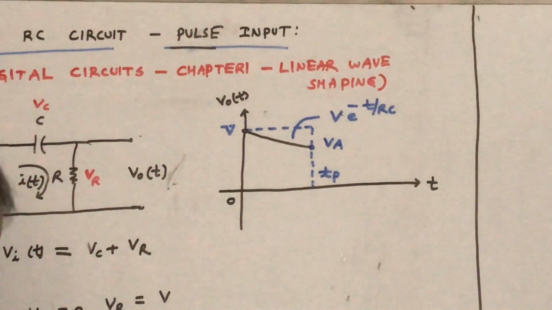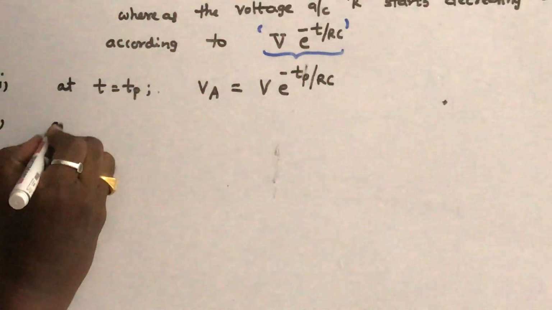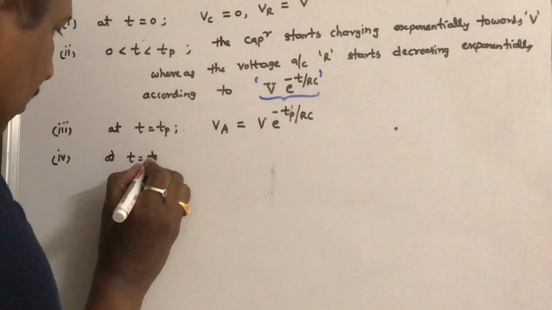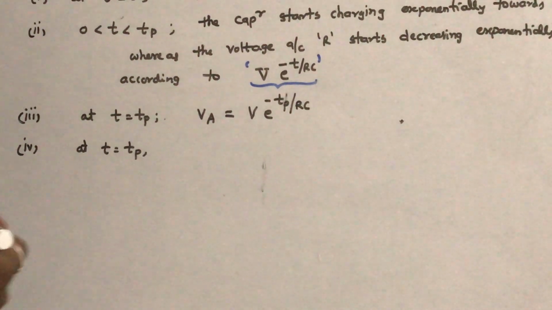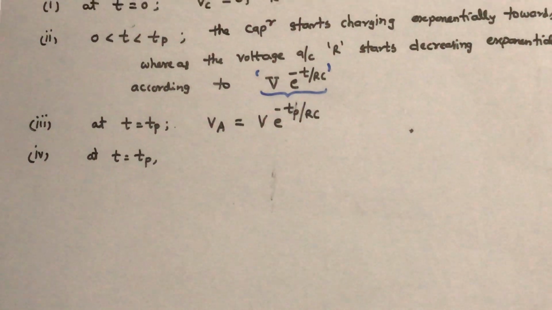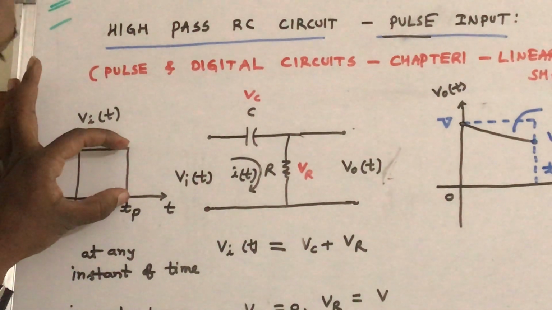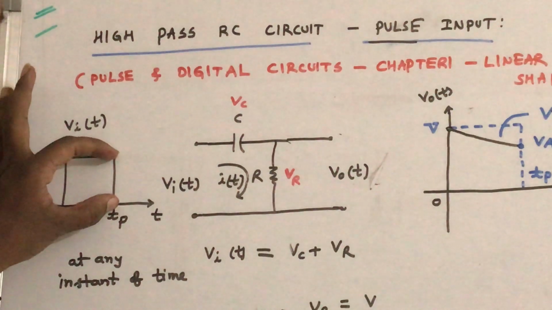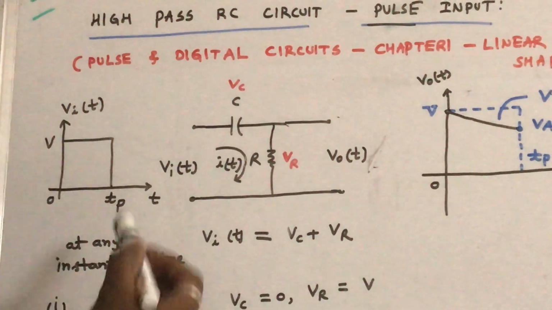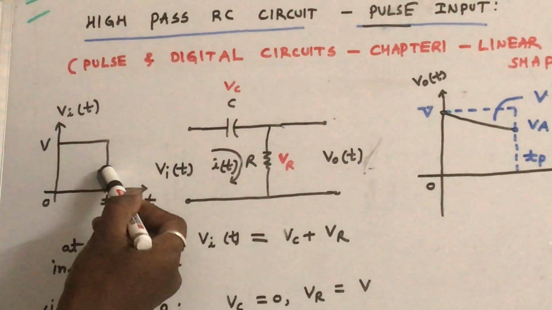Now let us take the fourth case. At t is equal to Tp, what happens? The input voltage at t is equal to Tp suddenly changes by V volts, suddenly drops by V volts.